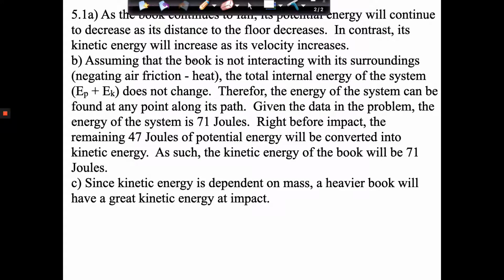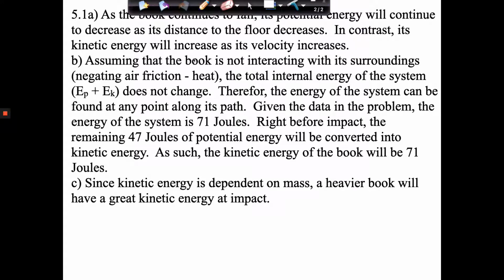So it says, if a heavier book fell from the same shelf, would it have the same kinetic energy when it strikes the floor? So we do need to go back. It says, how does the book's kinetic energy and potential energy change as it falls? Just like our block, right? Up here we have lots of potential and no kinetic, and as it falls it accelerates and potential becomes kinetic, right?